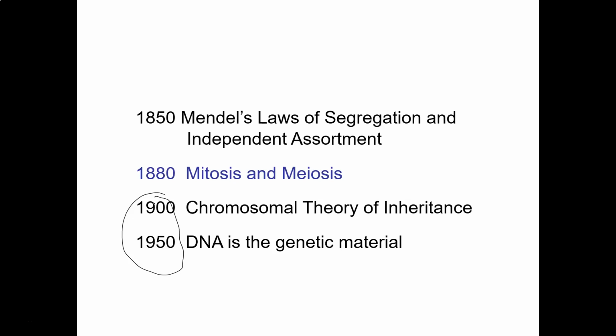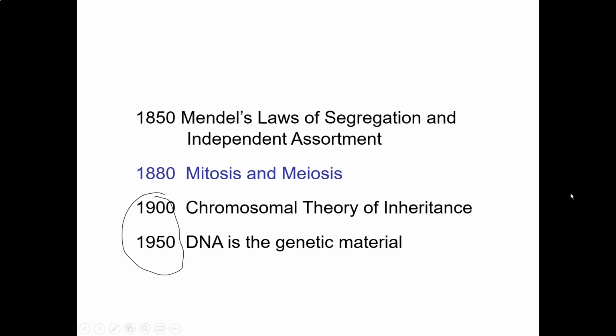Between the 1900s and the 1950s, it was a more popular theory to hypothesize that proteins served as the genetic material on the chromosomes and not DNA. We're going to look at some of the classic experiments that led to the discovery that, in fact, it is DNA that is the genetic material.